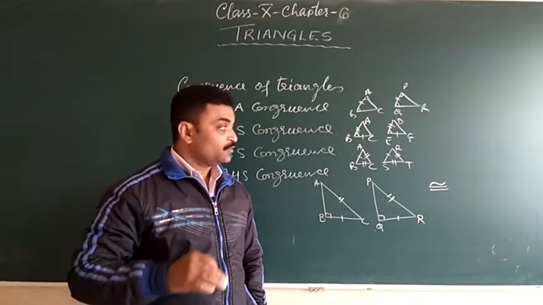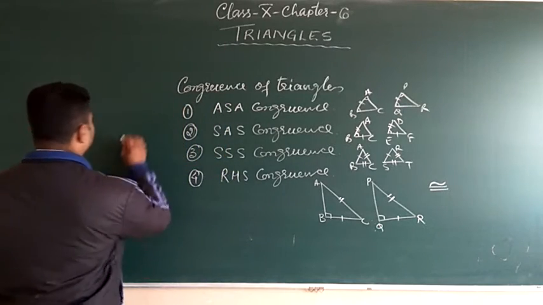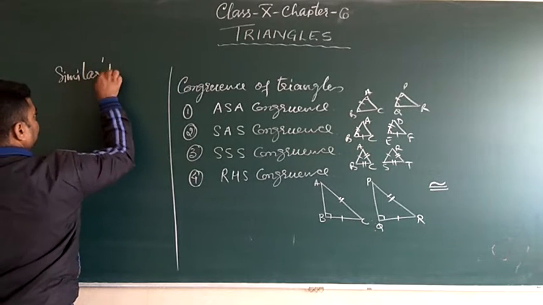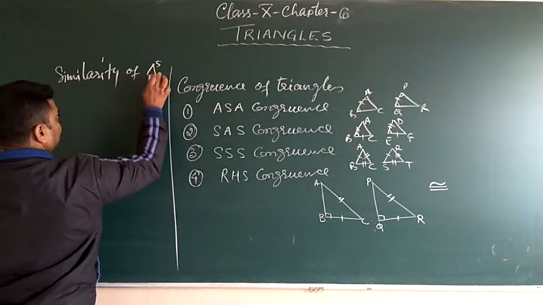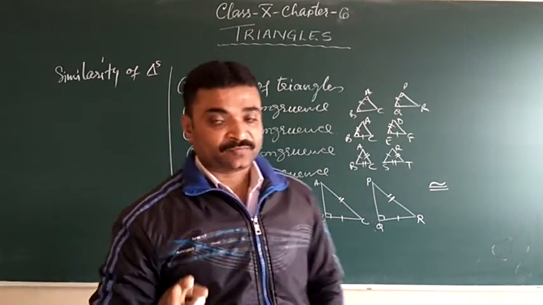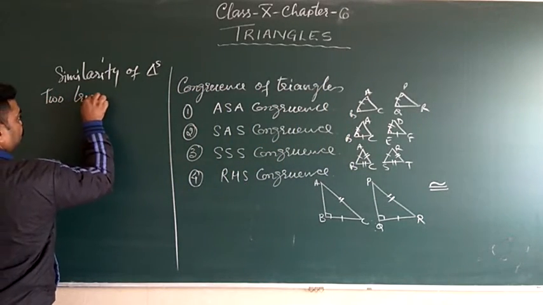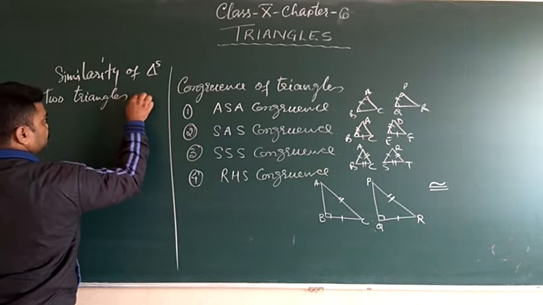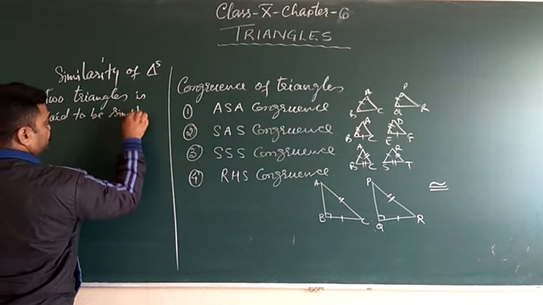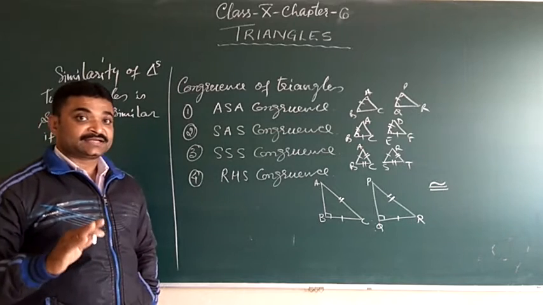But in this chapter we are going to study the similarity of triangles. I am writing here, similarity of triangles. Two triangles are said to be similar if their corresponding angles are equal.